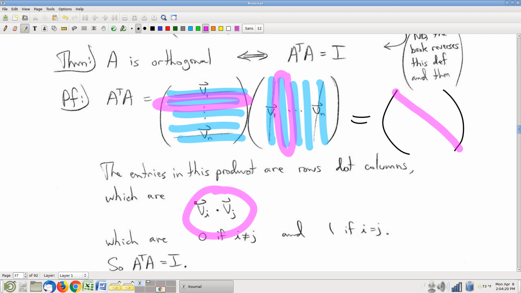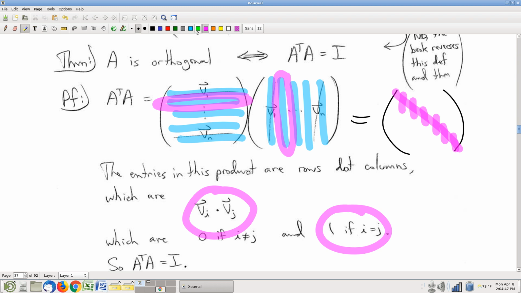But wait a minute. The rows here are basis vectors. The columns here are basis vectors. If it's a diagonal entry, we're looking at the same row, the same column. We're dotting the same basis vector with itself, in which case you get 1. So this matrix product on the diagonal just has to be 1. So a bunch of 1s there.